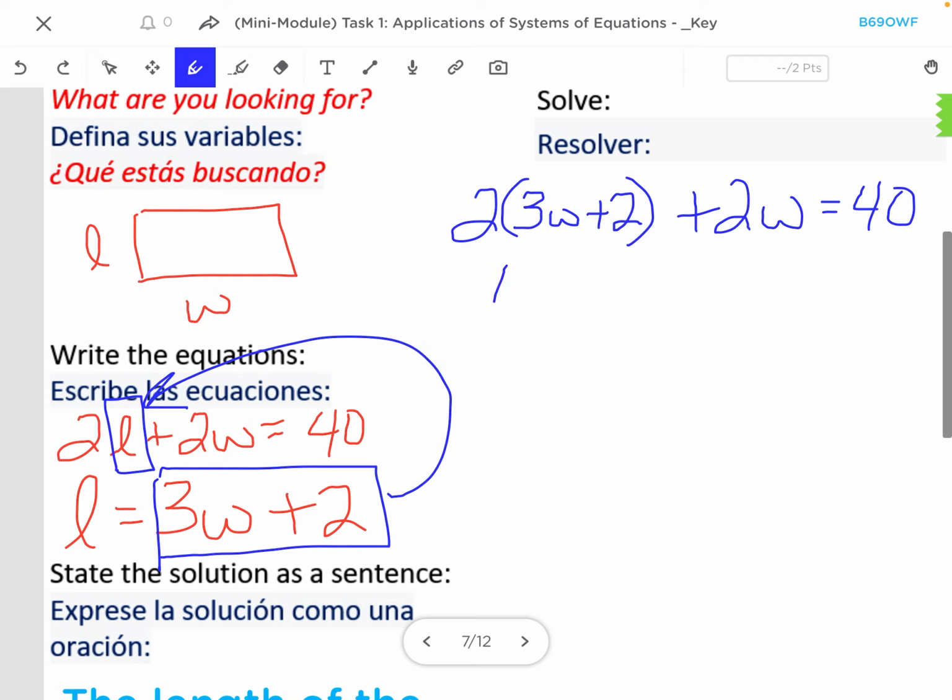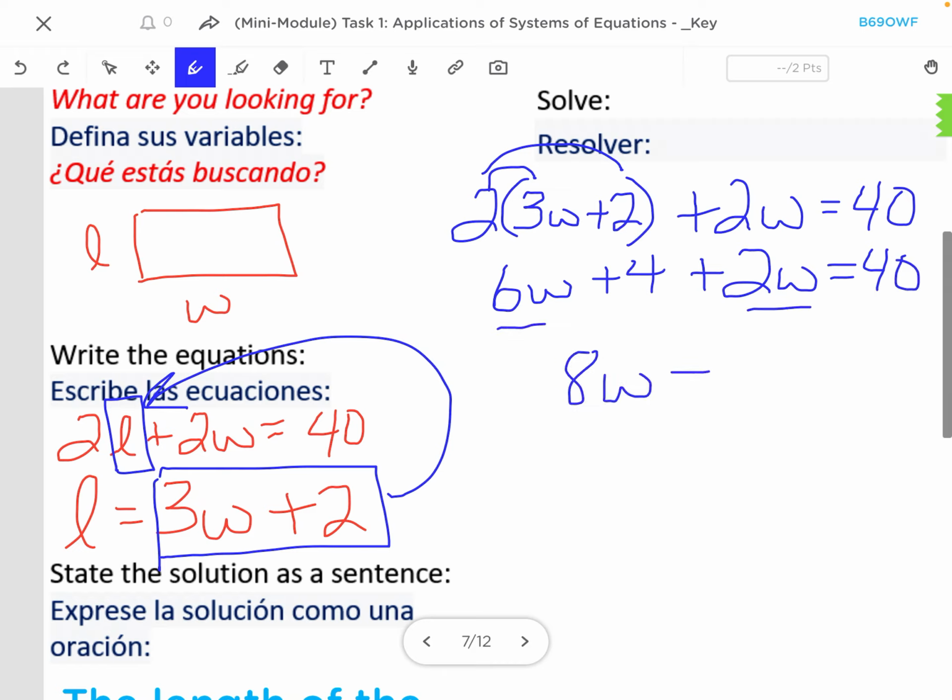So distributing my 2, that's 2 times 3W, 2 times 2. Combining my like terms, they're on the same side, so I get to just add them. And then I have a two-step equation here, so I'm going to subtract 4.